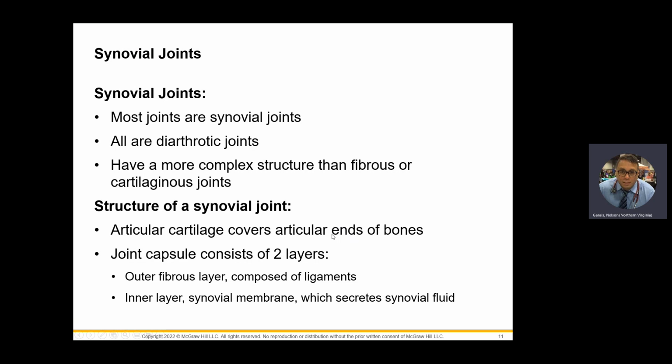Now, last one, synovial joints. That means what? Diarthrotic. It means things that I can fully move. And the big thing about a synovial joint is it's complicated. So it has a lot of protection features in it. And we saw the classic synovial joint is your knee joint. And did you see all the ligaments on Anatomage?